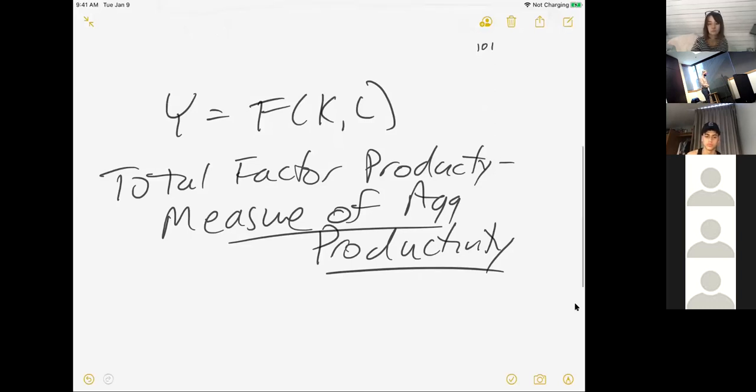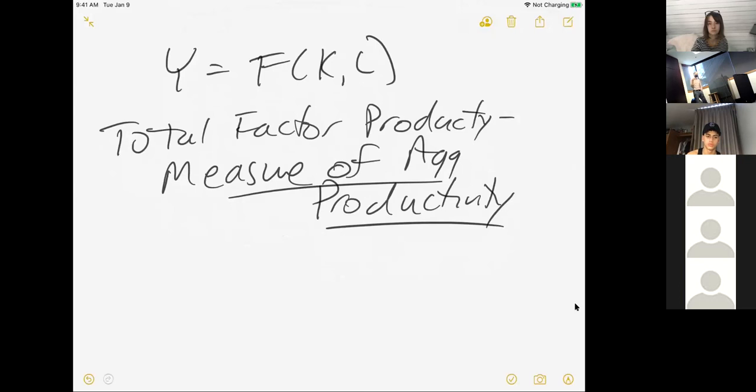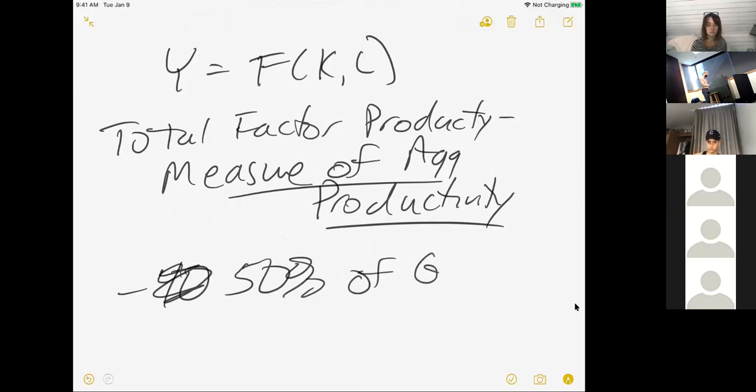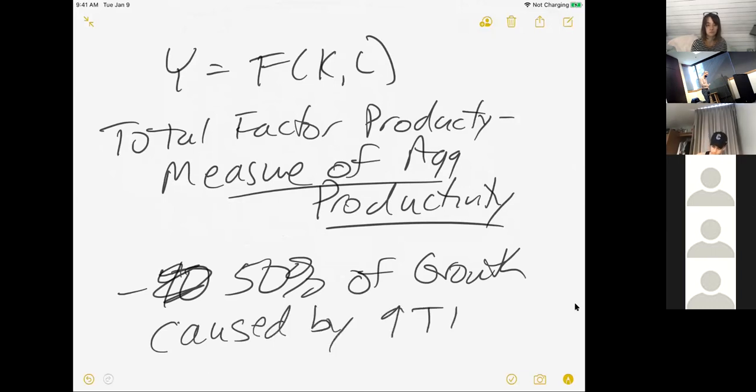So one of the things, I think this probably came from the notes, is when I mentioned that 50% of growth is caused by increases in total factor productivity. In other words, productivity. And what's mainly in this? Technology.